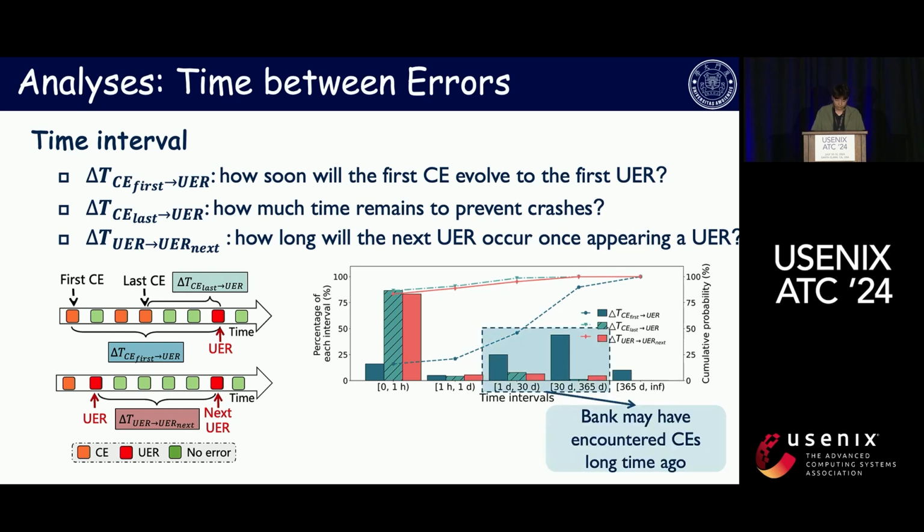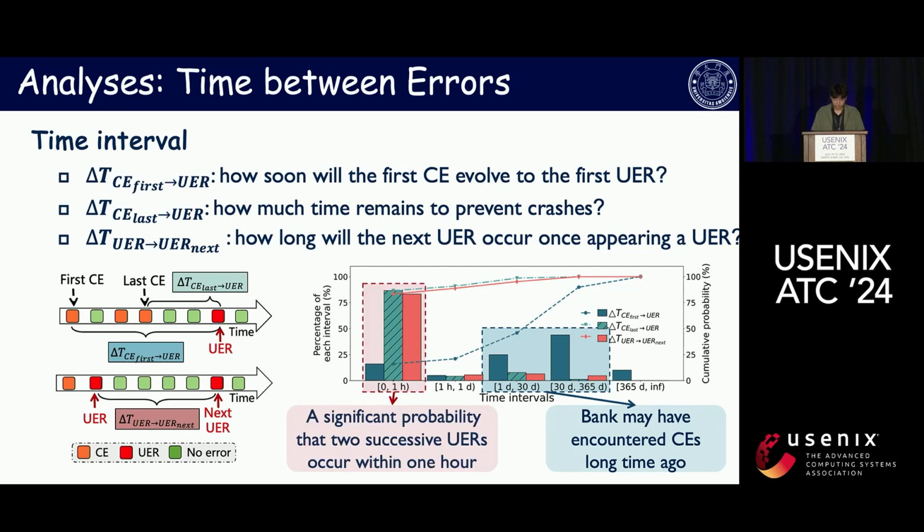We make 2 observations. First, the bank with both CEs and UERs may have encountered CEs as early as a long time ago, and these banks may continue to experience CEs until the time approaches the UER occurrence. Second, 2 successive UERs within a bank may appear in 1 hour with a high probability.